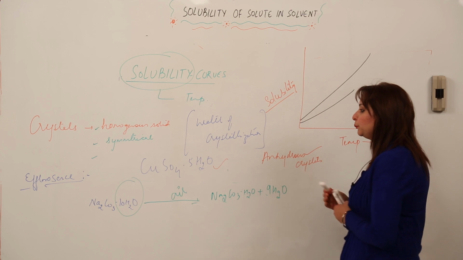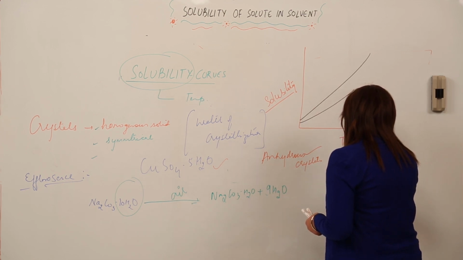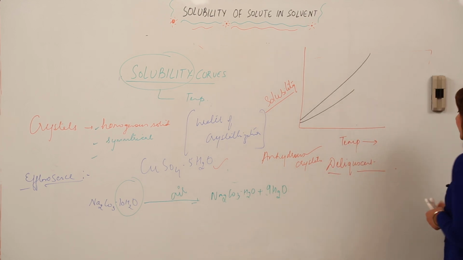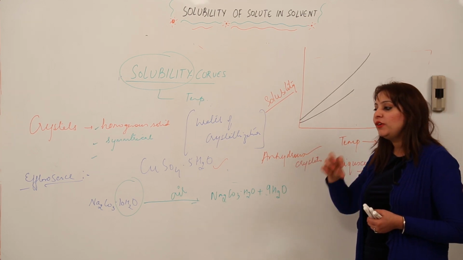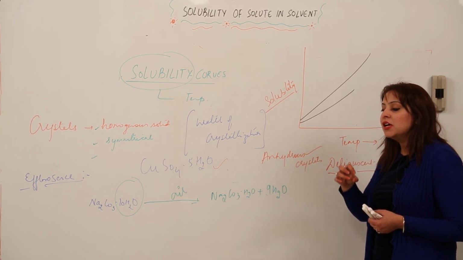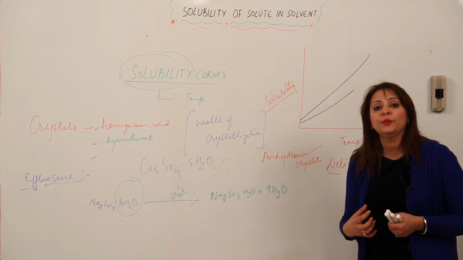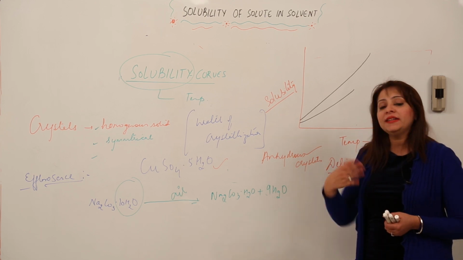Now the other term I want to tell you is deliquescent. Deliquescent substances have a tendency that when we keep them in the atmosphere, they absorb moisture from the air, and when they absorb the moisture, they convert their state.